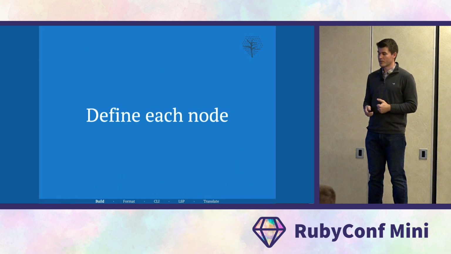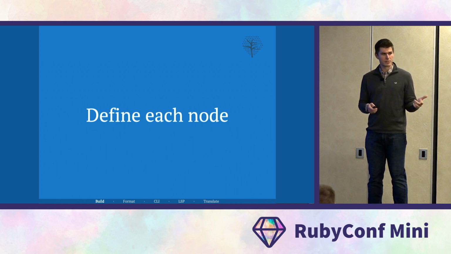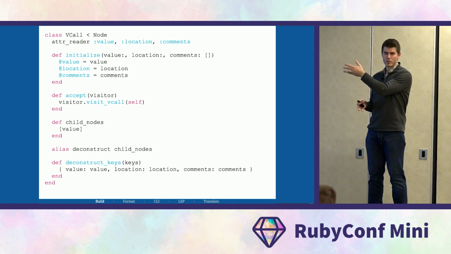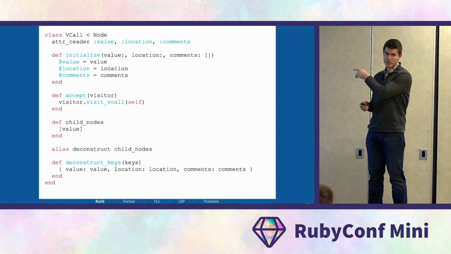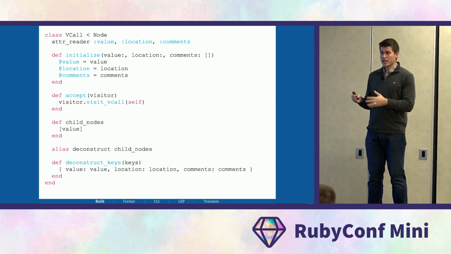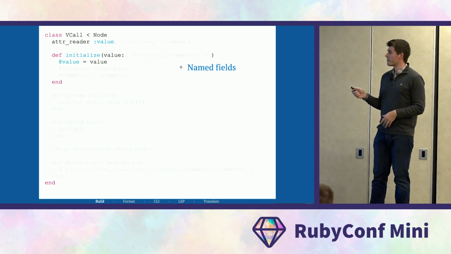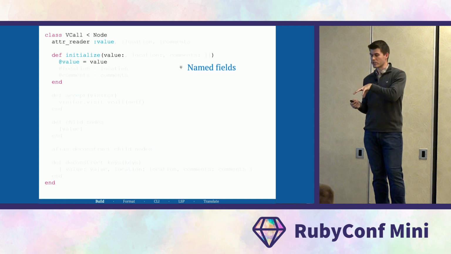Start with building. Building a syntax tree involves first defining each of those nodes. We showed you how I defined those nodes for that small grammar of English. This is going to define it for Ruby. If you go into node.rb in the syntax tree repository, you'll see these kinds of definitions for all 151 nodes. It's just plain Ruby. It's not doing anything particularly complicated. You'll notice that we have named fields for every single value and sub-node in the tree.